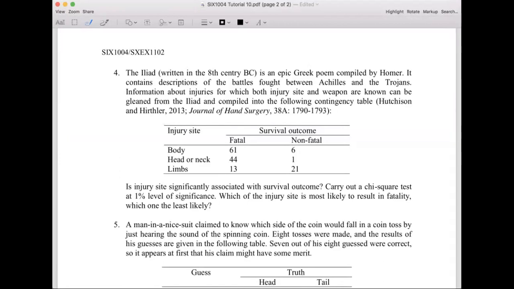Actually, this is not surprising, right? If the injury site is the body, for example, you have a spear run through your stomach, then it is almost sure to be fatal. Or an arrow pierces the lungs and all that. It's almost sure to be fatal. And the same case with an injury on the head or neck.